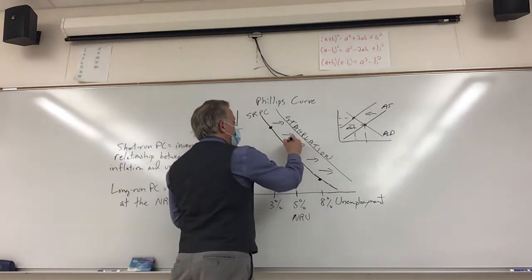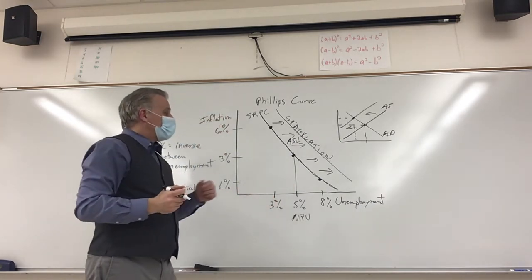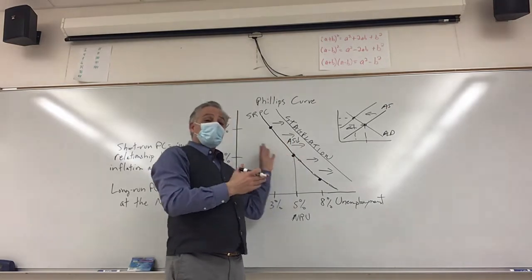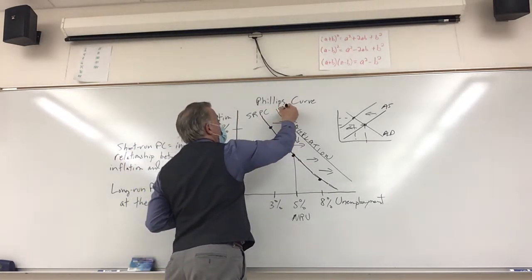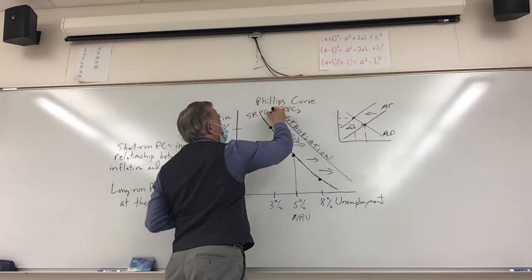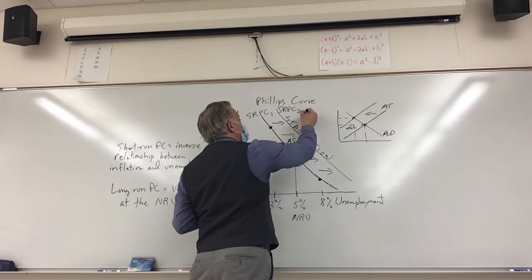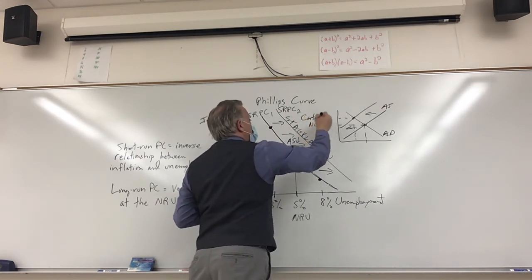Well, this is an aggregate supply decrease. Aggregate supply, the S in supply stands for shift. The whole SRPC, short run Phillips curve, shifts to the right. And just remember, stagflation, this is bad. This is Jimmy Carter, Richard Nixon, okay?